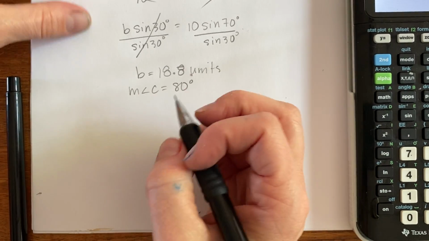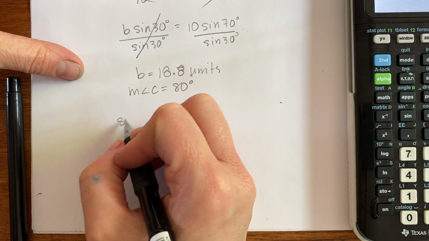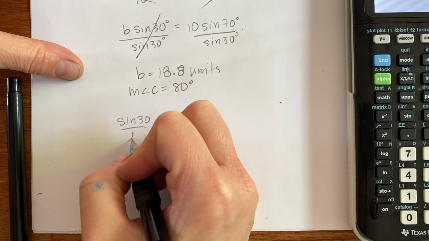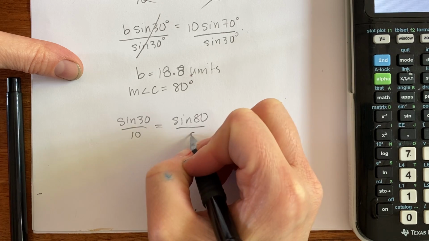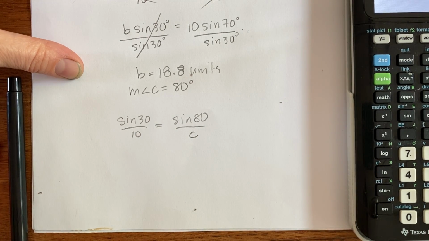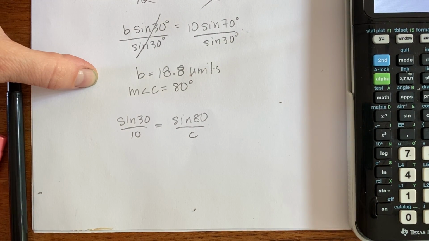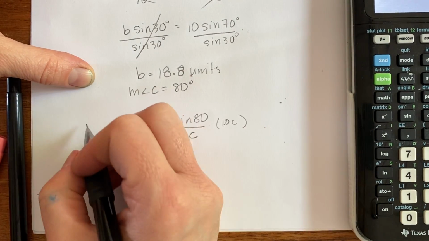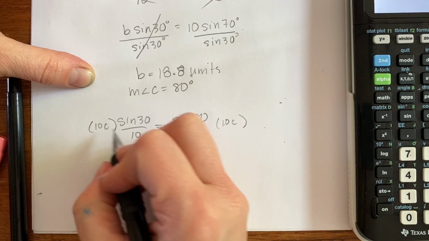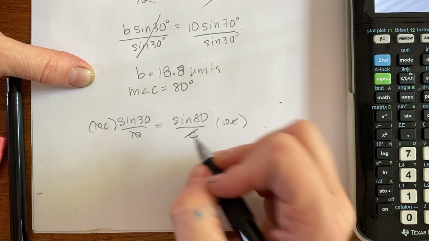And here we go. The sine of 30 over 10 equals the sine of 80 over C. We don't know what C is yet. We can predict it's going to be more than 18.8 though. Multiply both sides by 10C. Here our 10's cancel, here our C's cancel.